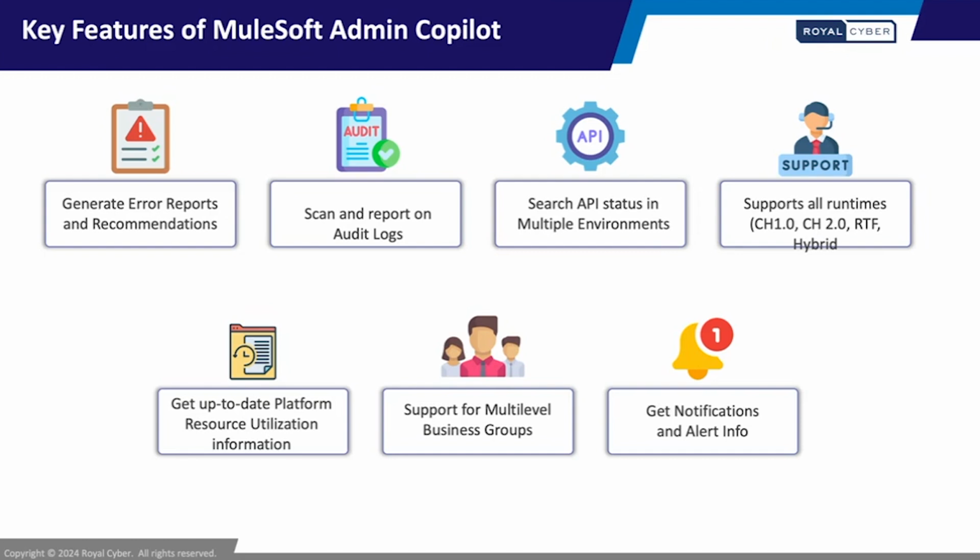It supports all the runtimes: CloudHub 1.0, 2.0, RTF, hybrid, or BYOK, bring your own Kubernetes. It gets you up-to-date platform utilization information. It supports multi-level business groups and sends notifications and alerts to your devices.